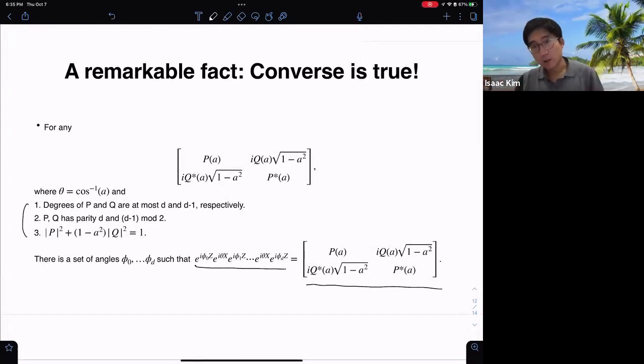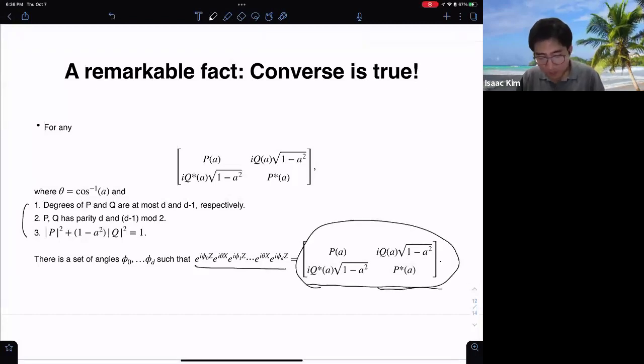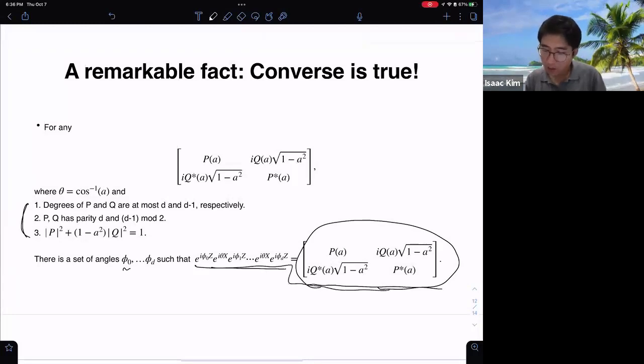A statement that I will not show is the following. Suppose you have a 2x2 matrix like this, which you know satisfies conditions 1, 2, and 3. Then there exists a sequence of angles, psi 0, all the way to psi d, such that this equality holds. So this is a converse statement.